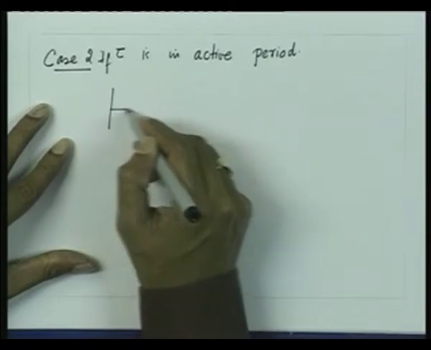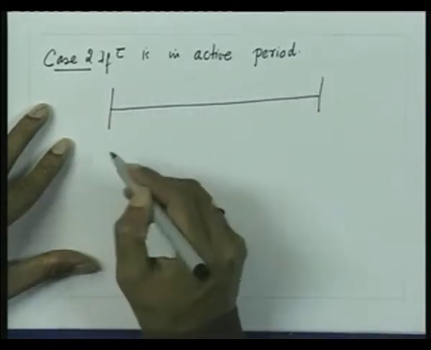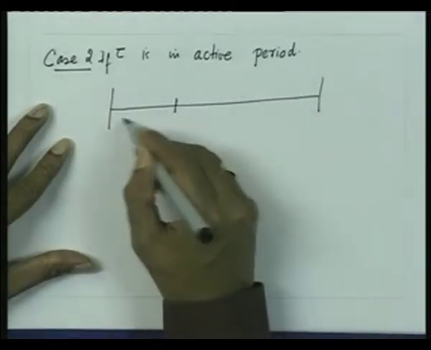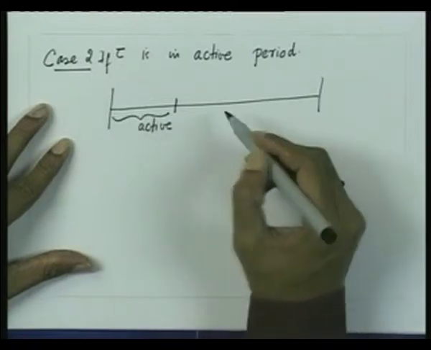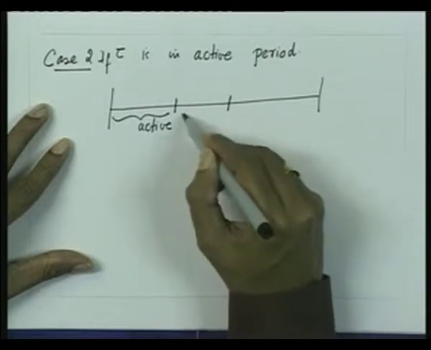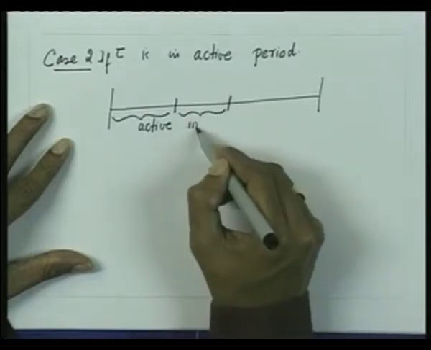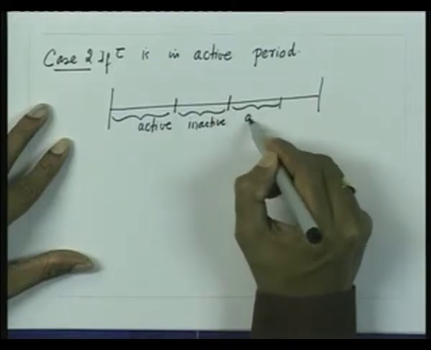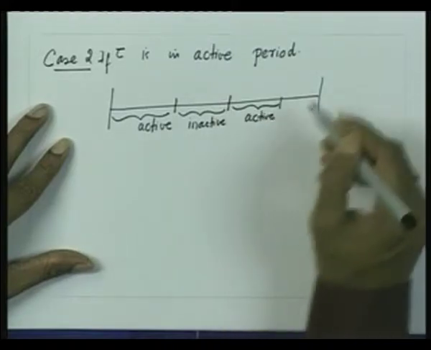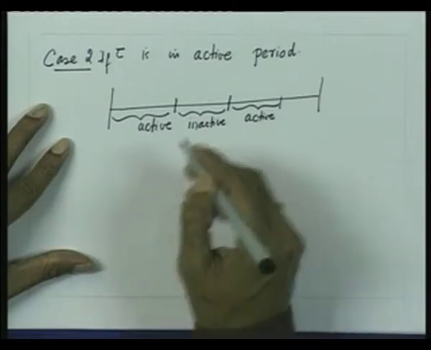Here is an active period, again inactive, active, inactive, and so on.